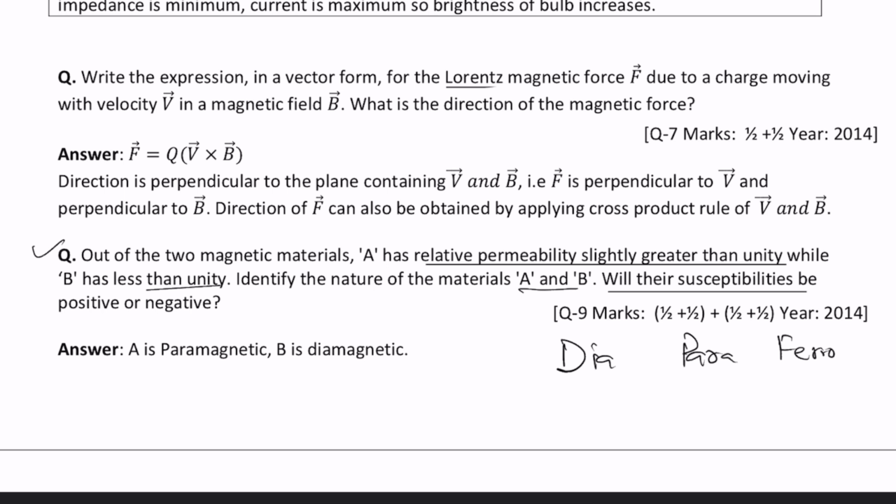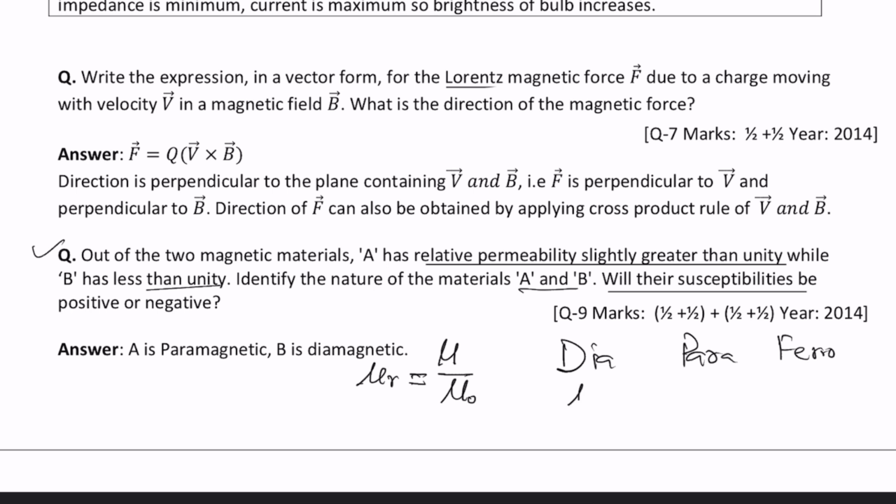For dia the magnetic permeability is less. What is relative permeability? It is the permeability of the medium to the permeability of air or free space.